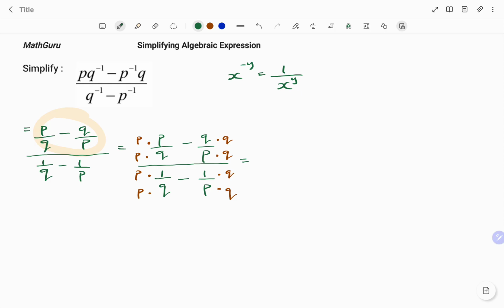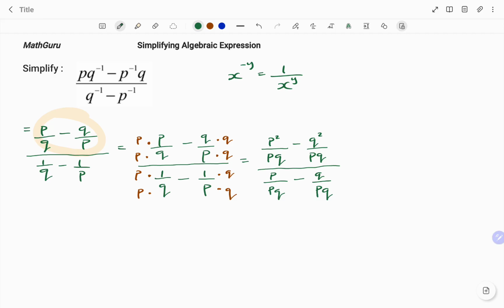So my expression becomes, I'm going to put this in a bracket. I have p squared, that's p times p squared, over p times q, that's pq, minus q times q squared, over p times q, pq, divided by p times 1, that's p over pq, minus q times 1, q over pq.